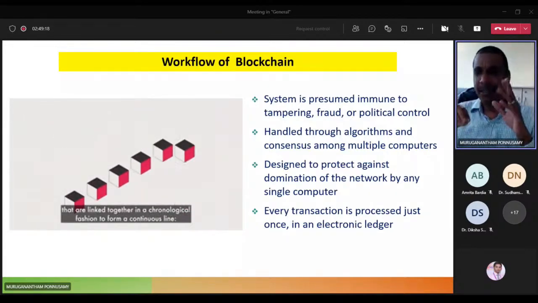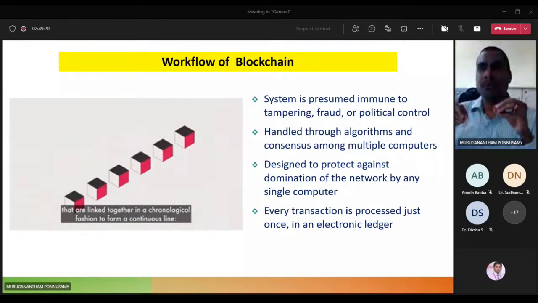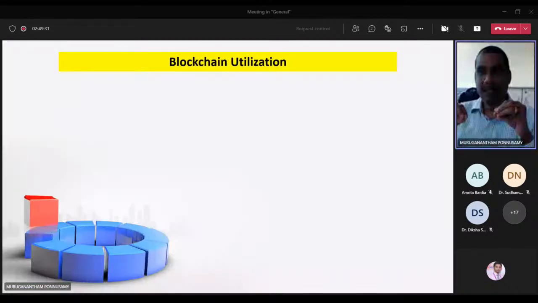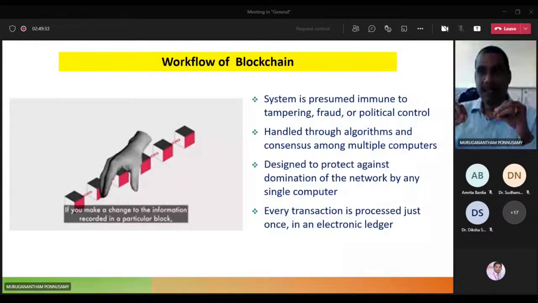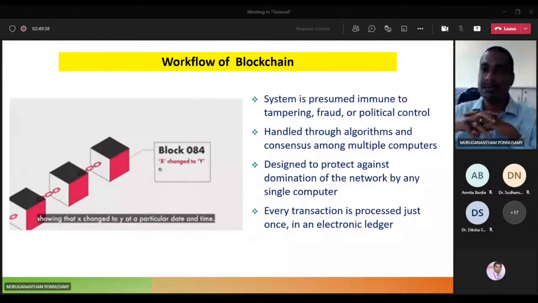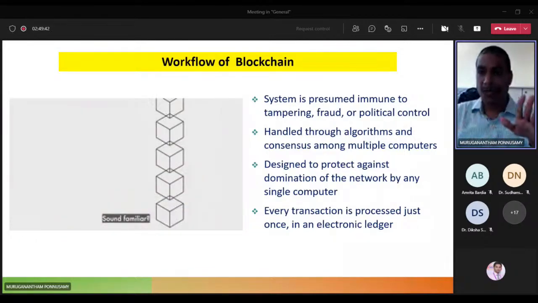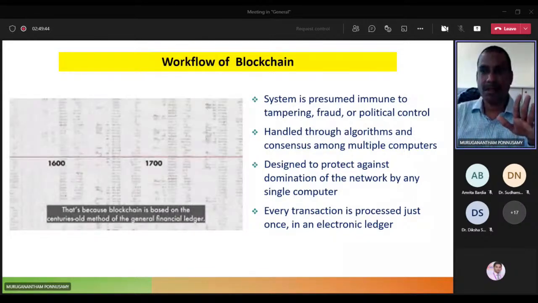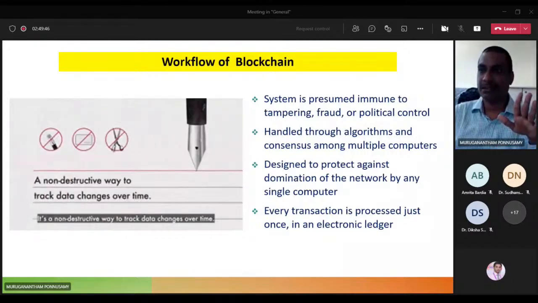It is handled through machine learning algorithms, and it is stored in thousands of computers. Here I mentioned multiple computers, but in reality, sometimes it will be in millions of computers. There is no manager, no domination, no boss of the network or any single person.